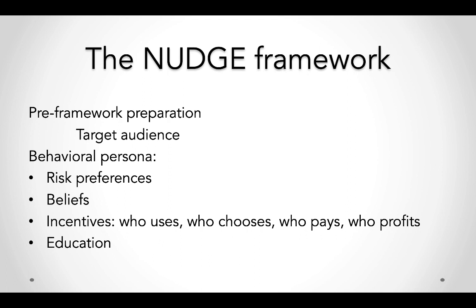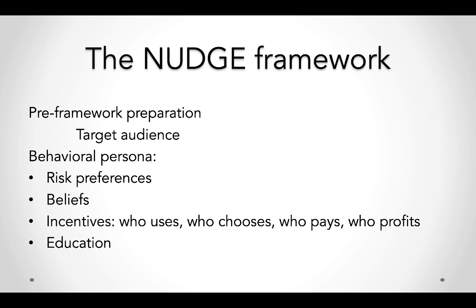All right, so let's move on to the next framework that we're using, and that is the nudge framework. We will need to do some pre-work here, and talk about the target audience first. Many businesses have a target audience in their marketing plan, but they miss the behavioral part of a target audience, something that we call a behavioral persona.